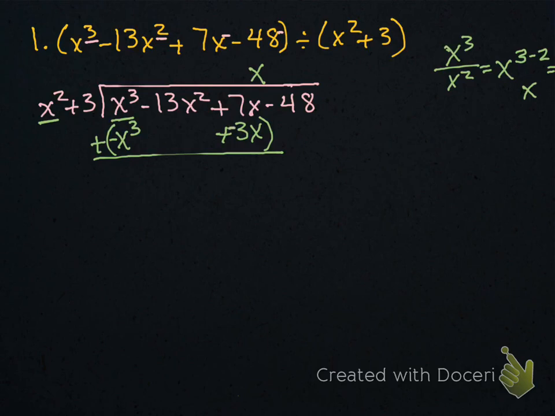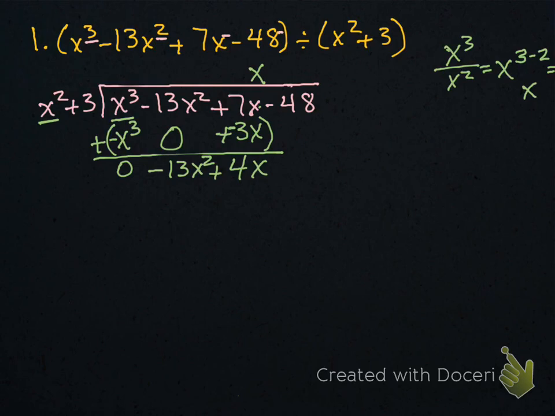So x cubed plus negative x cubed gives me 0. 7x plus negative 3x gives me 4x. And then I'm going to bring everything down. So this was like having a 0 here. So negative 13x squared minus 0 is negative 13x squared plus 4x.